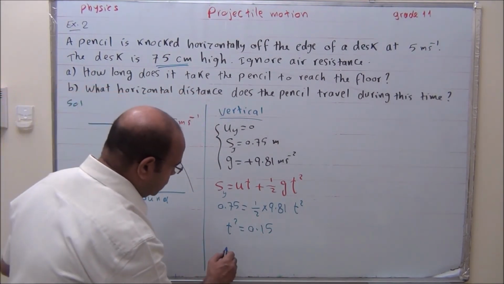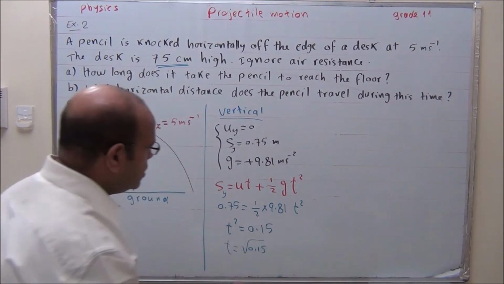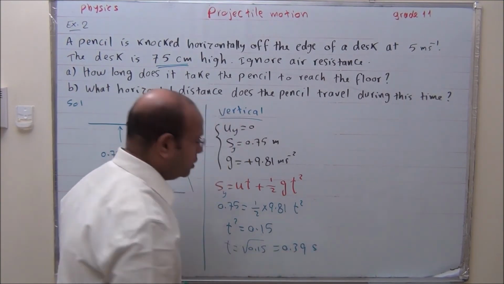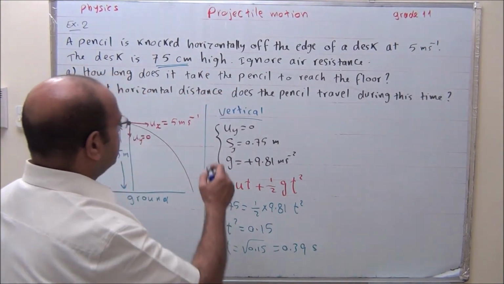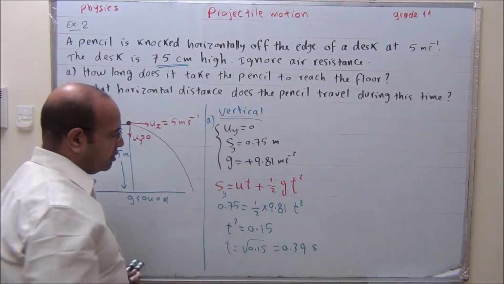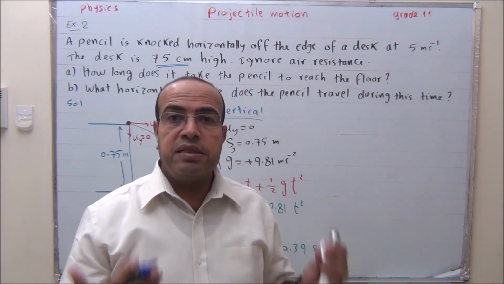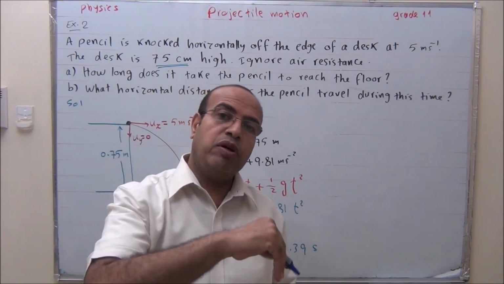We take the square root of the answer. It's 0.39 seconds. So this is the time. How long does it take? This is part A. The time is 0.39.